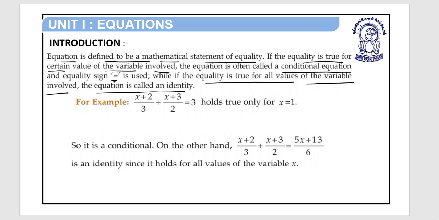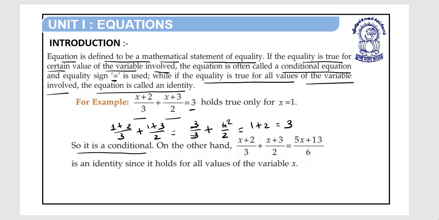Here an example is given: (x+2)/3 + (x+3)/2 = 3 holds true only for x = 1. So put the value 1 into this equation: (1+2)/3 + (1+3)/2 = 3/3 + 4/2 = 1 + 2 = 3.